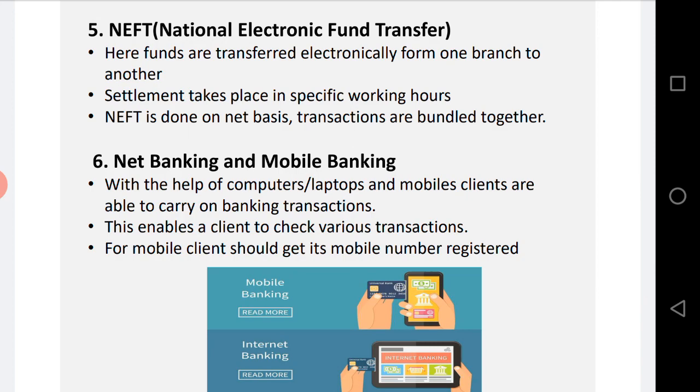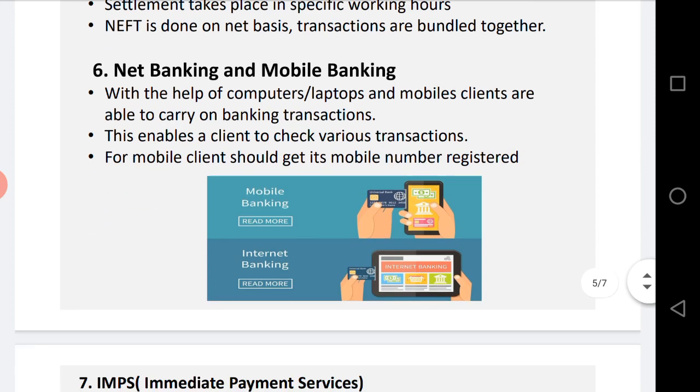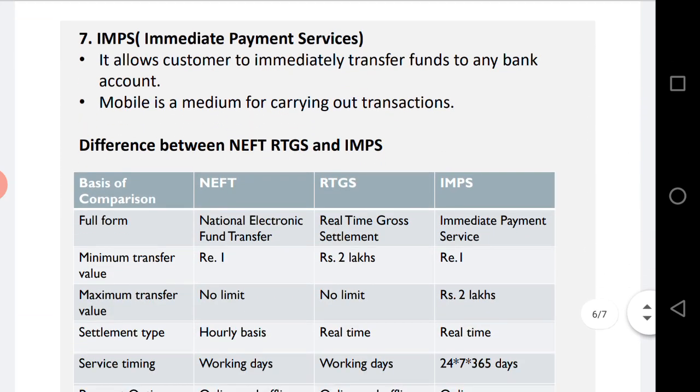And if you're doing mobile banking, the very first thing is that you have to register your mobile with that bank. Then only will you be able to carry out mobile transactions. And the last is IMPS, that is Immediate Payment Service, where there is no waiting period, nothing. Within a minute your money gets transferred from one account to another account, and here the medium is a mobile phone.